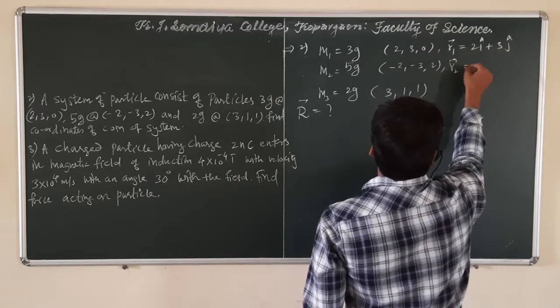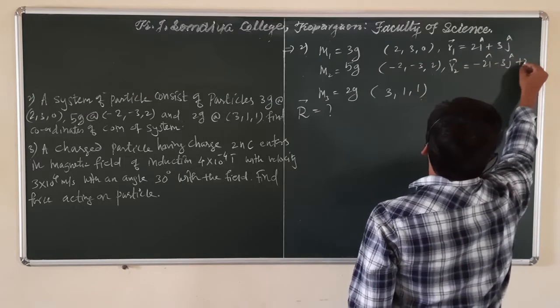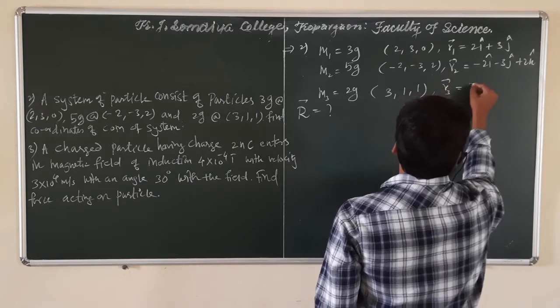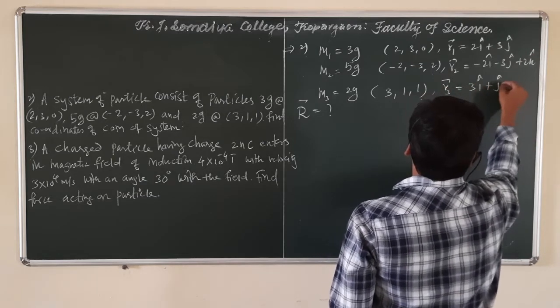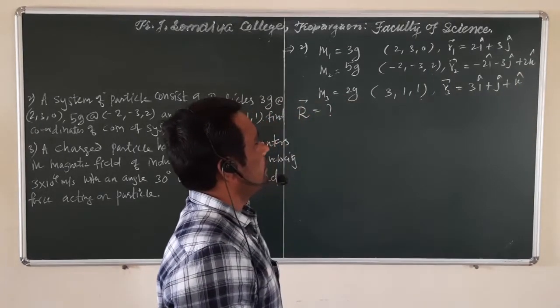Vector R2 is -2i - 3j + 2k, and vector R3 is 3i + j + k.